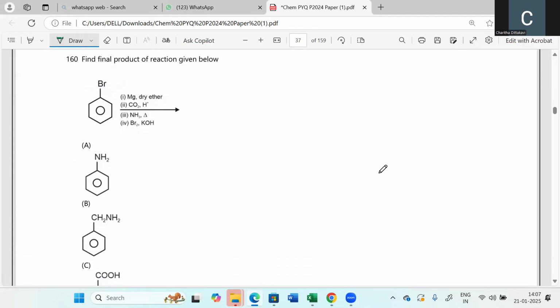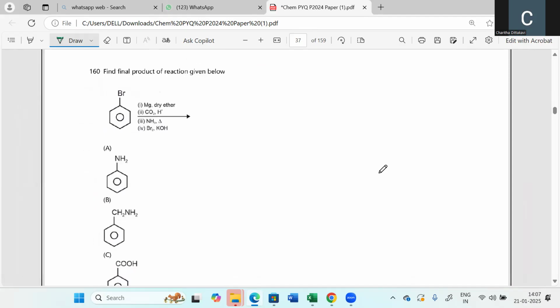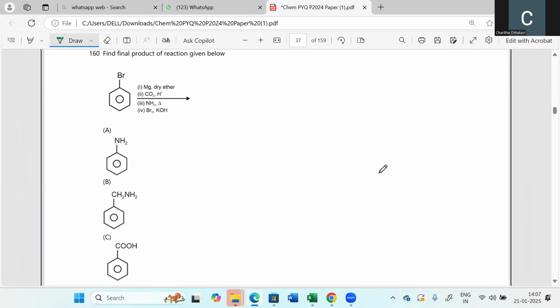Moving on, the final product of the given reaction. Magnesium and dry ether, seeing this, what will the first one become? You will get definitely your MgBr. MgBr on carbon dioxide. So then what happens? It will become your COOH group, right? COOH group. And then after that you have NH3.